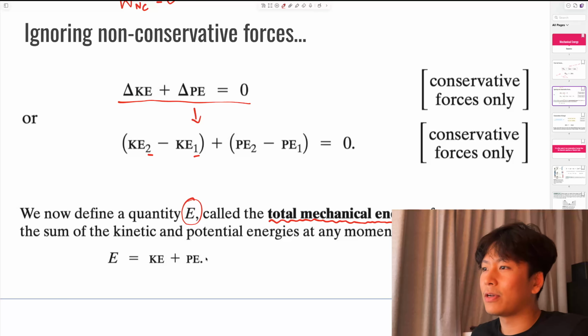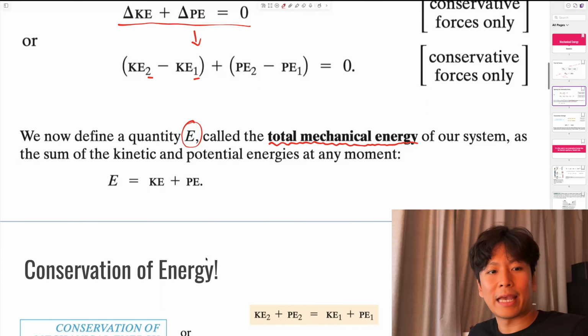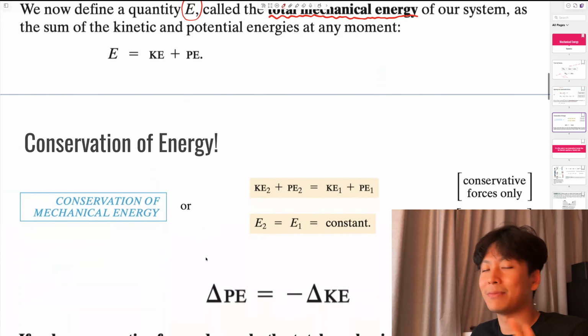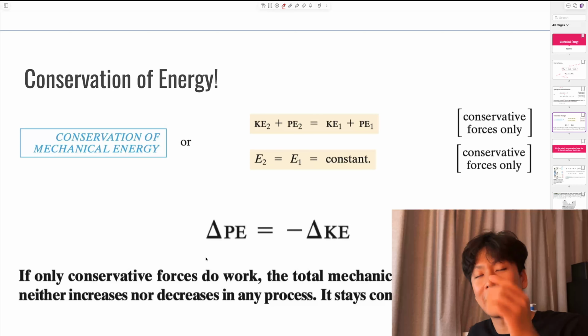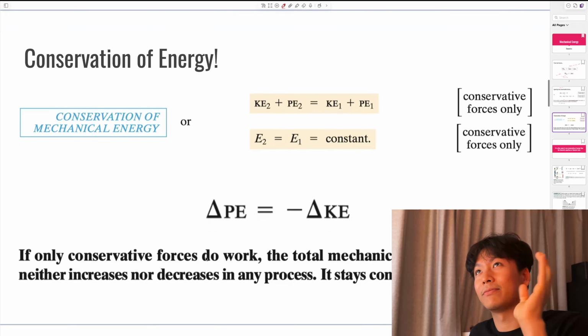From there, we can come up with a useful and very profound principle in physics: that the total mechanical energy of a system is a conserved quantity. Again, that only happens when we ignore things like friction and air resistance.